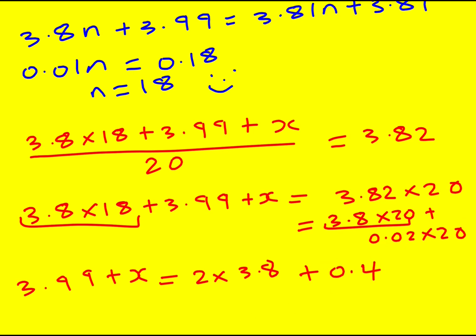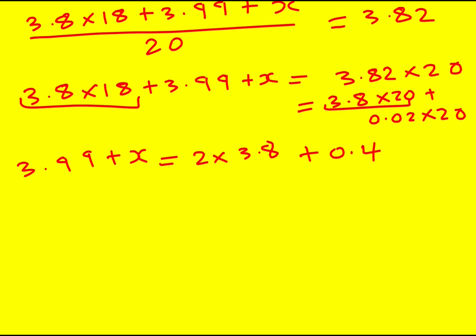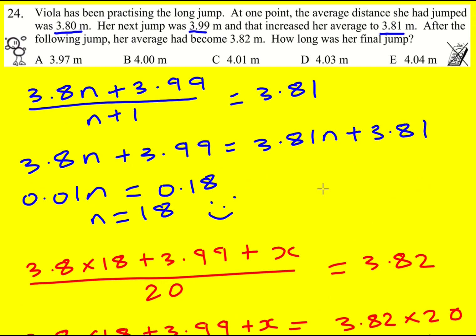There's more than one way of doing this, but this is a pretty decent approach, I think. So that is going to give me 7.6 plus 0.4, which is 8. And therefore x is going to be 8 minus 3.99, which is 4.01. All right, good job if you managed to get that.